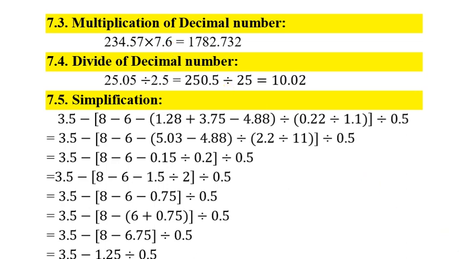Remember this. Now for division also it is the same way, simple division you can do, but when you get this kind of form, 25.05 divided by 2.5, where decimal is there in both places, you have to take out the decimal from the division.